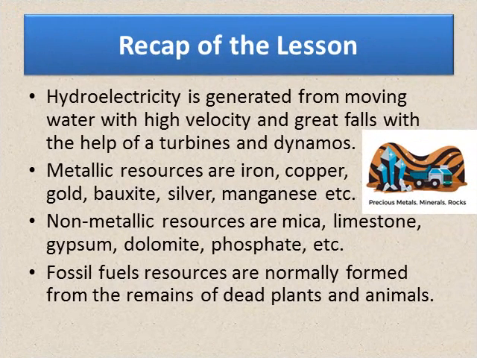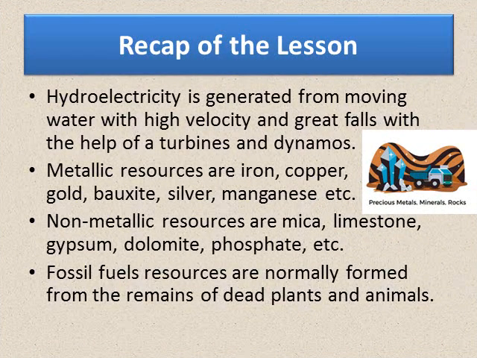Children, natural resources are obtained from the environment. Renewable resources can be used repeatedly and replaced naturally. Non-renewable resources, once consumed, cannot be replaced. For example, you have coal, petroleum and natural gas. Solar energy is not harmful to the environment.